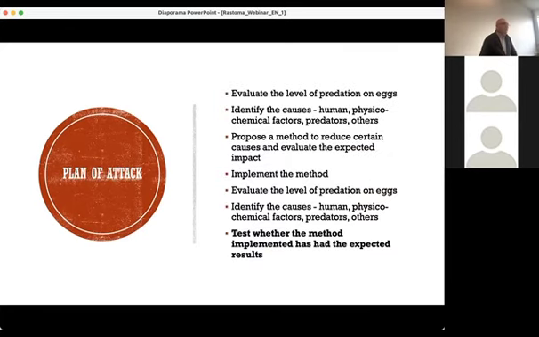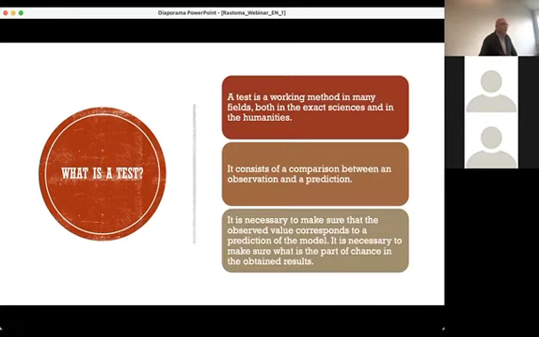Then you must use a test. A test is a method that is used in many fields in science or humanities. It consists of a comparison between an observation and a prediction. It is necessary to make sure that the observed value corresponds to a prediction of the model.